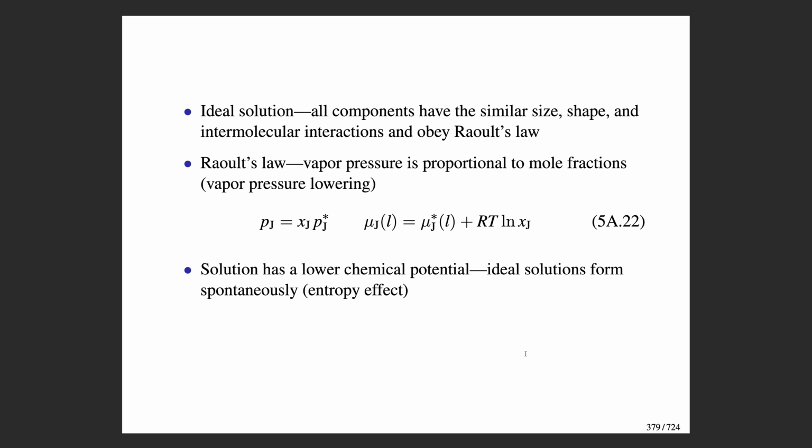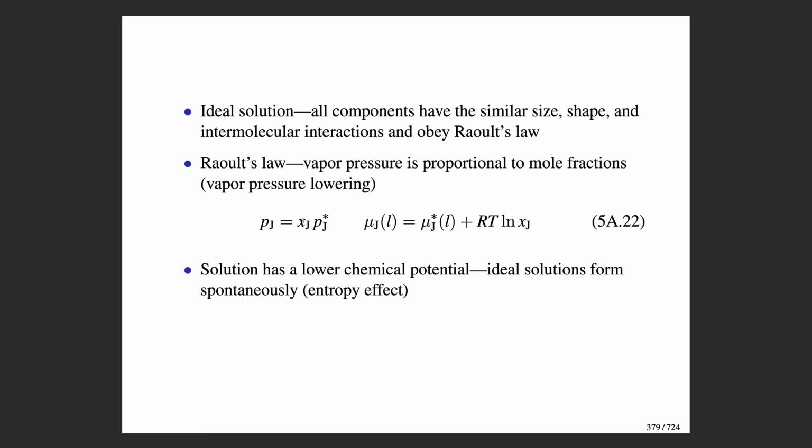Raoult's law is an empirical law where Raoult noticed that for certain solutions, the vapor pressure of the components in solution was proportional to the mole fraction of that component in the liquid phase. Again, this is the vapor pressure of the component in the vapor phase above the solution, I should say.